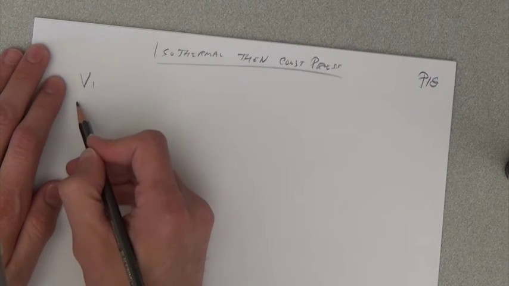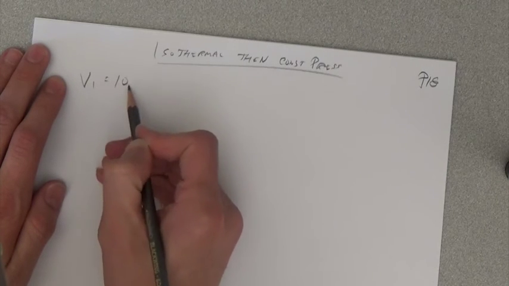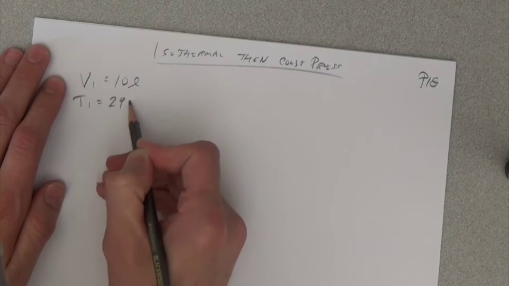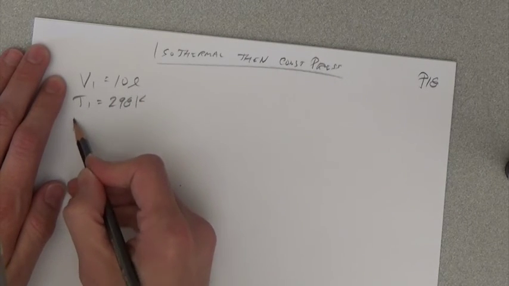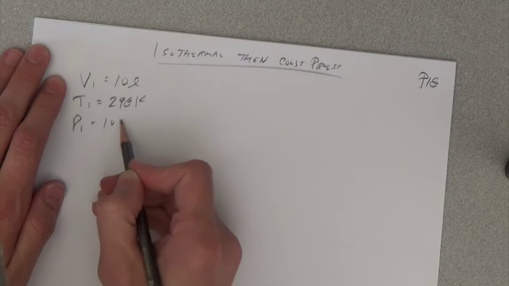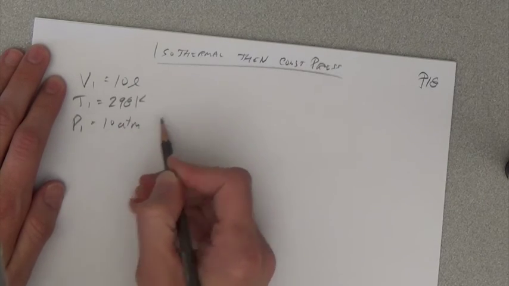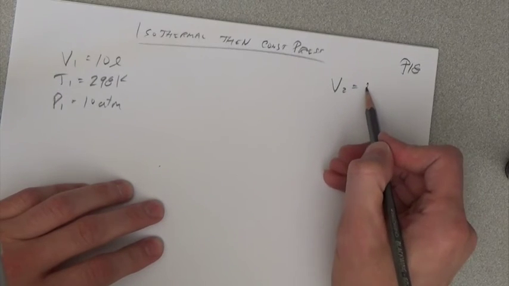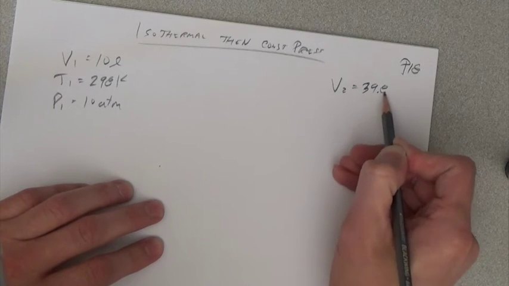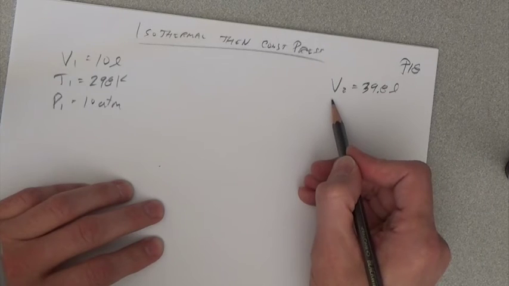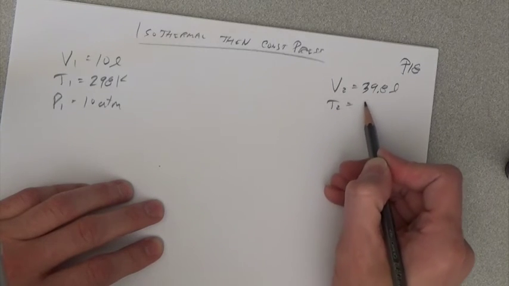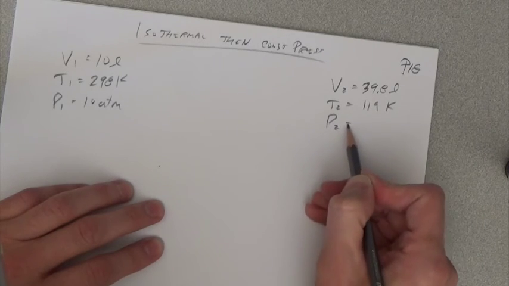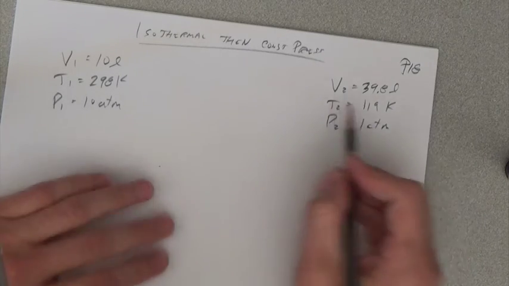So V1 is 10 liter, T1 is equal to 298 K, P1 is equal to 10 atm, V2 is equal to 39.8 liters, T2 is equal to 119 K, P2 is equal to 1 atm.